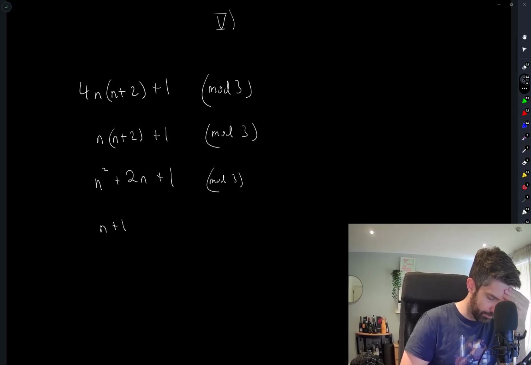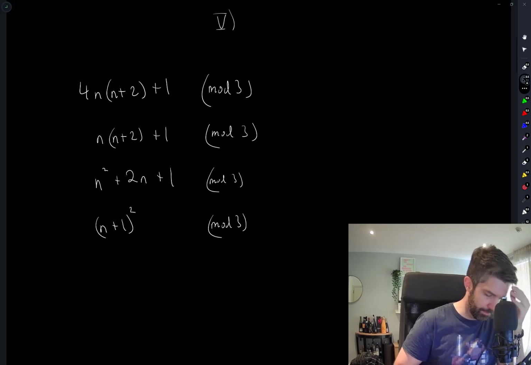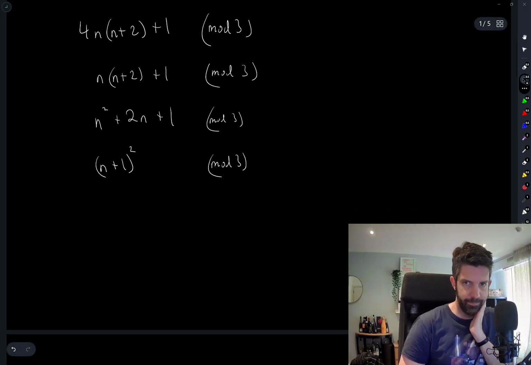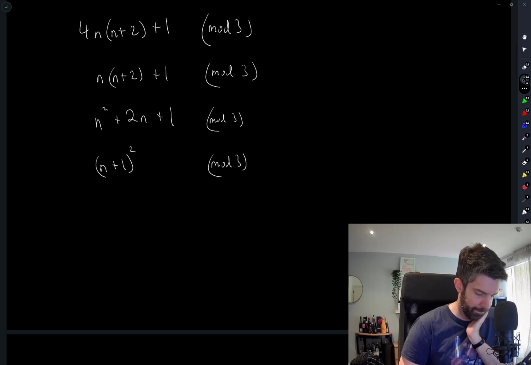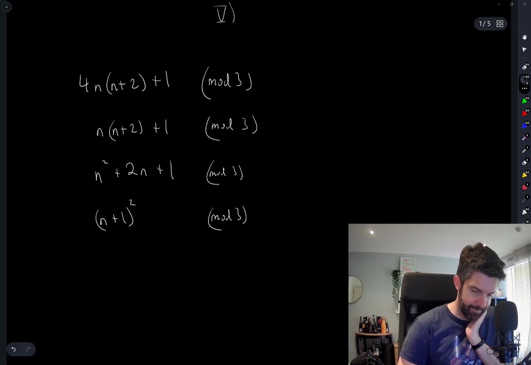This is n plus 1 squared mod 3. So 1 less than a multiple of 3 would mean that this is equal to 2 mod 3.